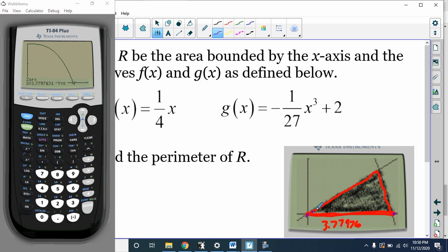To get this distance right here, this line, it's a straight line, so there's a couple ways you could do it. Either way, we are going to need this intersection point right here. So let's get both graphs on and then calculate that intersection point.